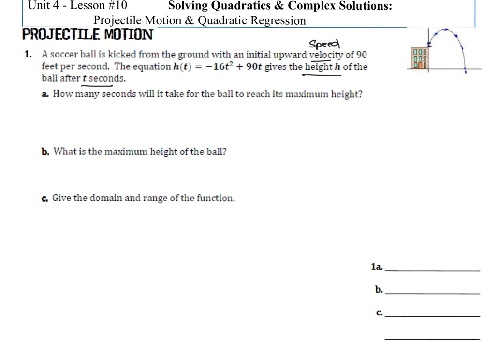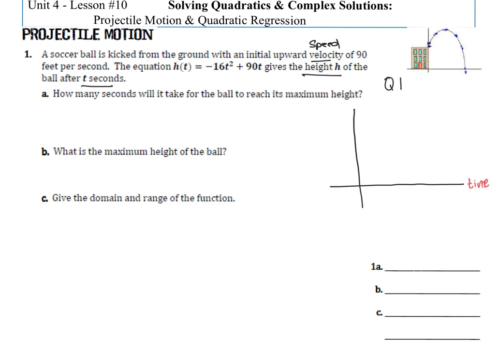Now what's happening here is we, again, kicked a soccer ball from the ground. It went up in the air and it's going to come back down and hit the ground. And when that happens in math, it's almost like we have a coordinate system here. And we're mainly going to deal in quadrant 1. That's where real life things tend to happen. And what we do is we label the x-axis as t, standing for time.